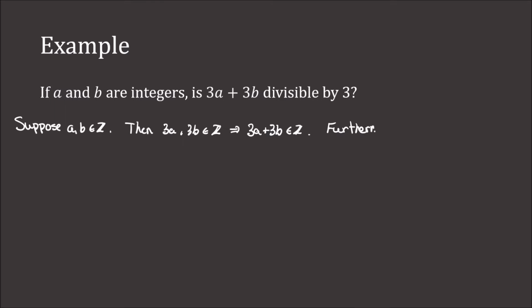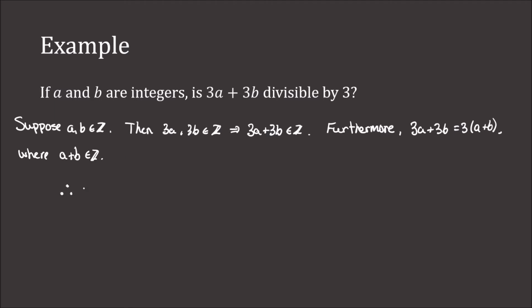Furthermore, we can write 3a plus 3b as 3 times a plus b. But now a and b are both integers, so a plus b must also be an integer. So look what we just did.